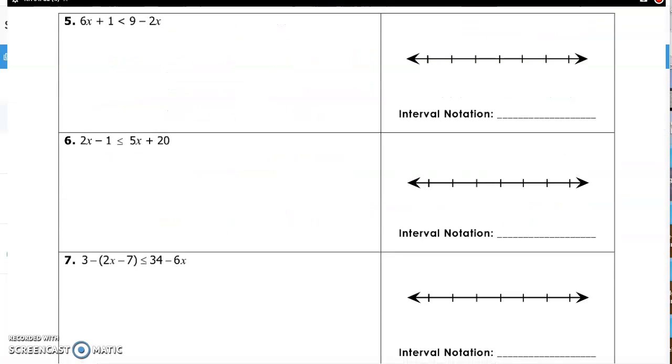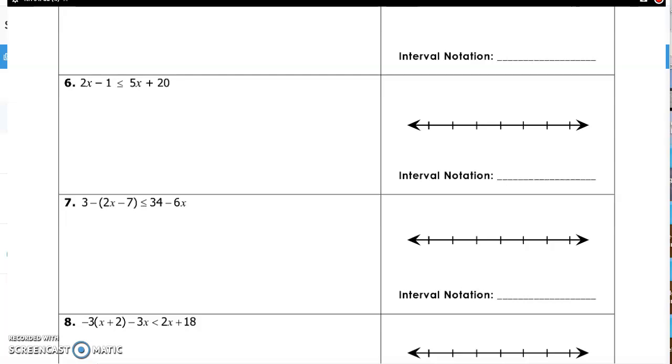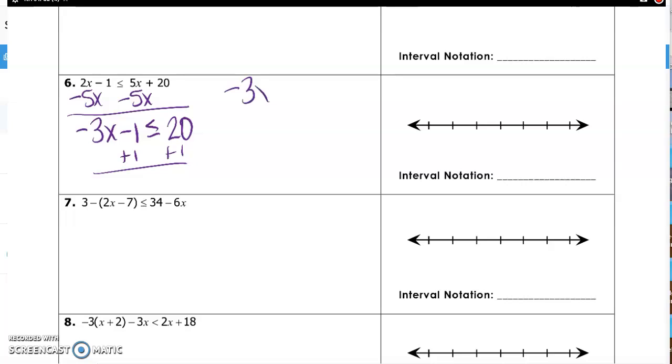Number 6, we have variables on both sides. I highly recommend moving the variable from the right to the left. So I'm going to subtract 5x from both sides. Negative 3x minus 1 is less than or equal to 20. Then I add 1 to both sides. Negative 3x is less than or equal to 21. Divide by negative 3, so I need to flip the sign.